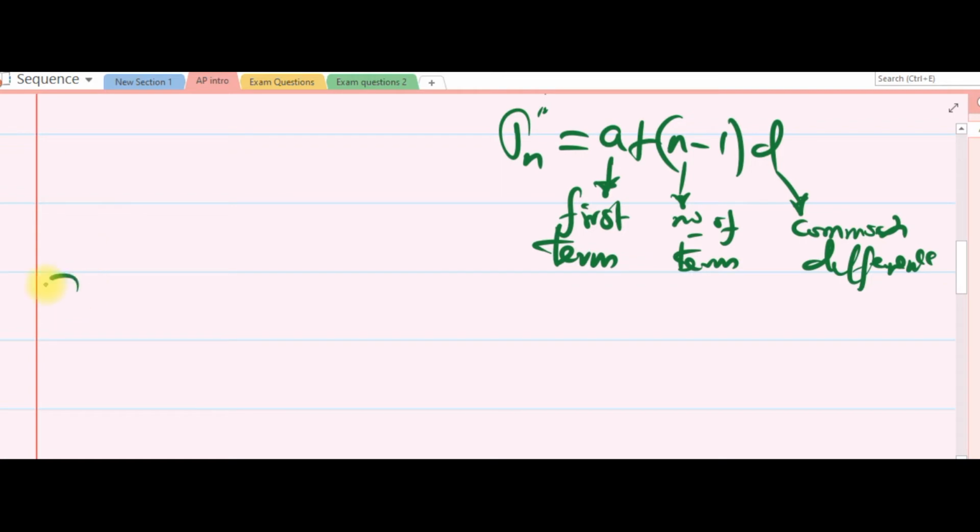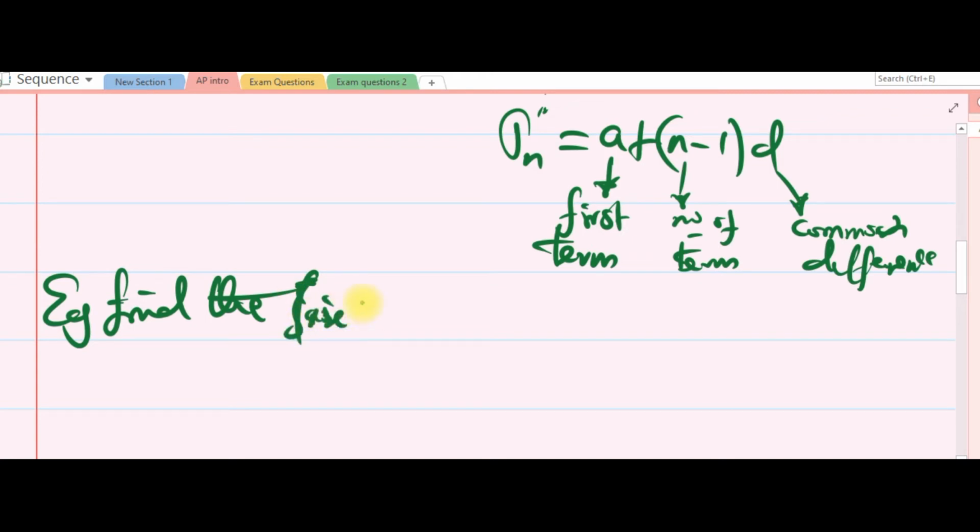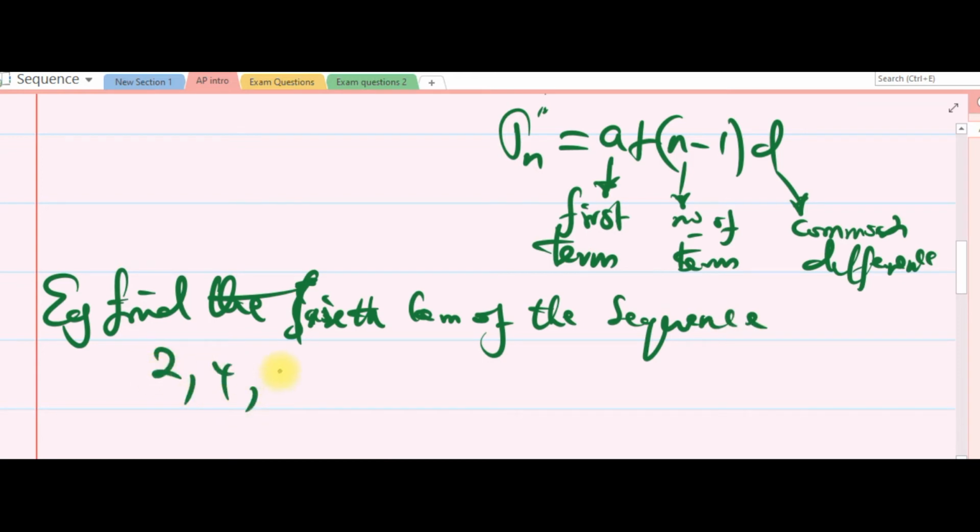For example, in that question, we are asked to find the sixth term of the sequence 2, 4, 6.